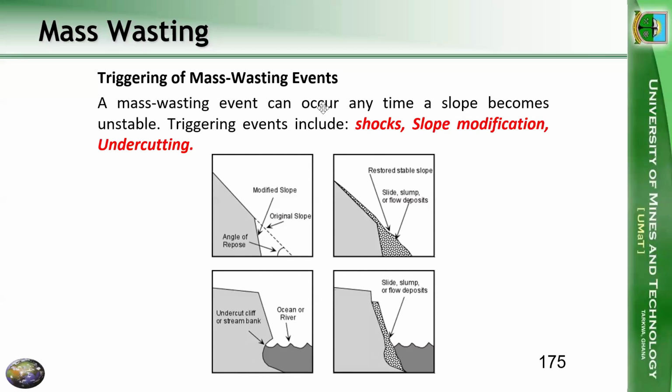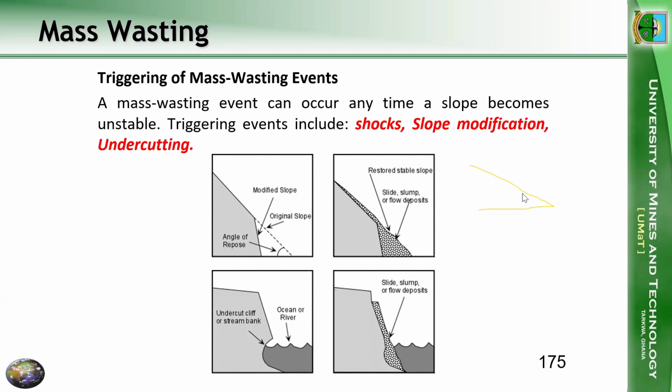All these are shocks, and they can cause mass wasting. Another thing is slope modification. So we talk about the angle of repose, which is the steepest angle at which a cohesionless material will stand without failing. And for cohesionless or loose materials, it's typically between 30 to 37 degrees, right? With respect to the horizontal.